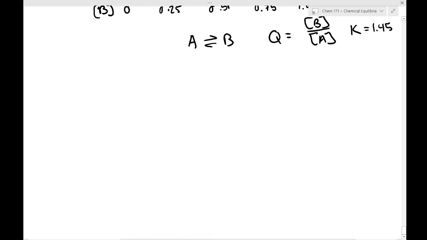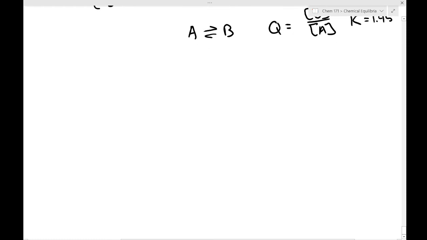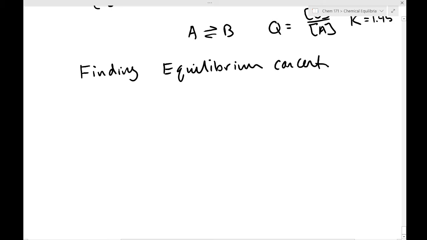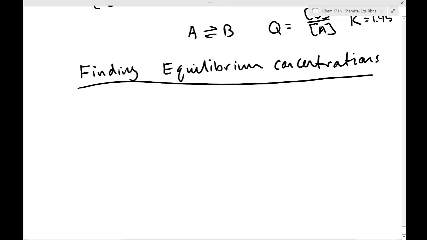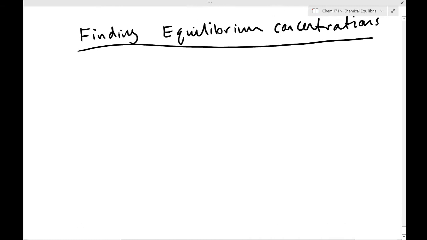So that's Q. Let's go into a little bit more detail on how to find equilibrium concentrations. Okay, let's go into more detail on this and maybe do some more difficult problems.